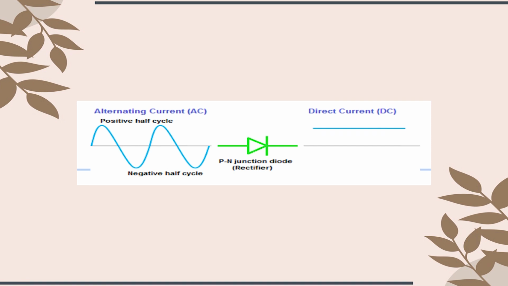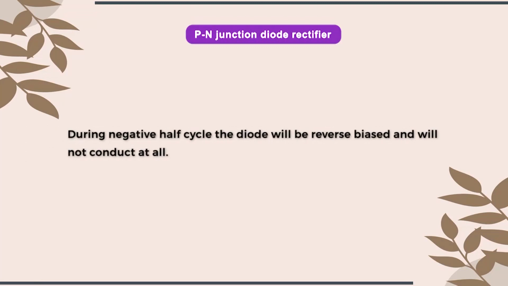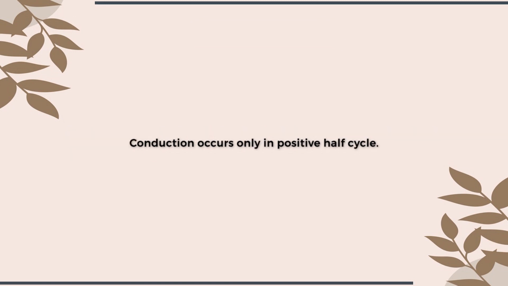Although the DC seen here is of constant magnitude, this output will be after the filter and then the regulator. That final output after the regulator will be a smooth direct current, or smooth DC output. During the negative half cycle, the diode will be reverse biased and will not conduct at all. Conduction occurs only in the positive half cycle.